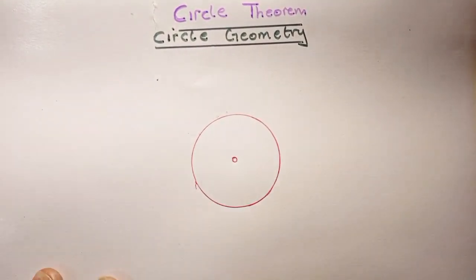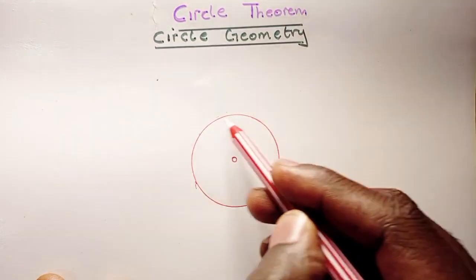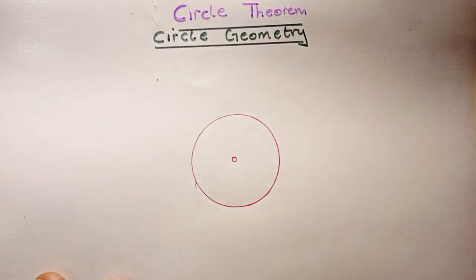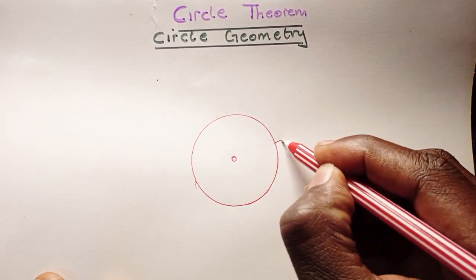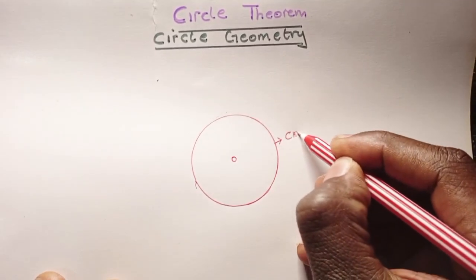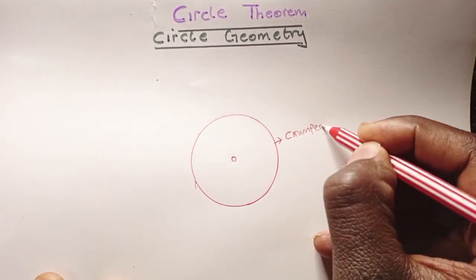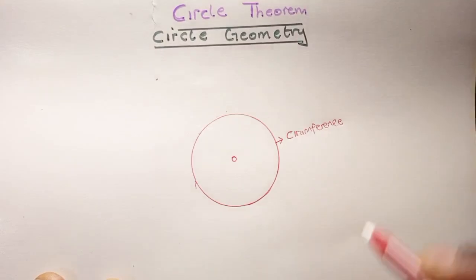And I want you to understand the terminology first. So the total length of a circle, all of it, we call it the circumference. You need to understand because I'll be referring to the circumference throughout the video.